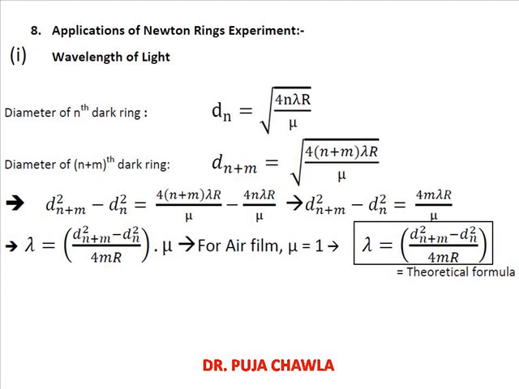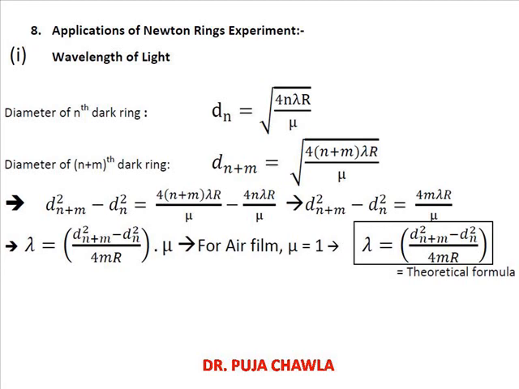One is dn plus m square minus dn square, meaning the difference in the squares of the diameters of the nth ring and the (n plus m)th ring, divided by m. m means the gap of how many rings we have taken. Then capital R, the radius of curvature of the plano-convex lens.